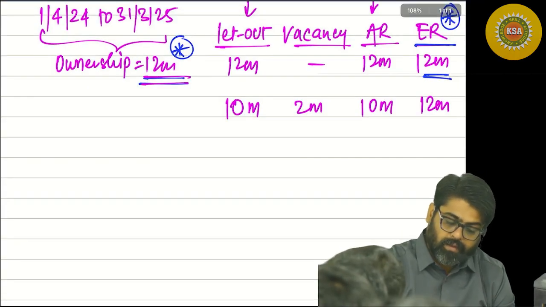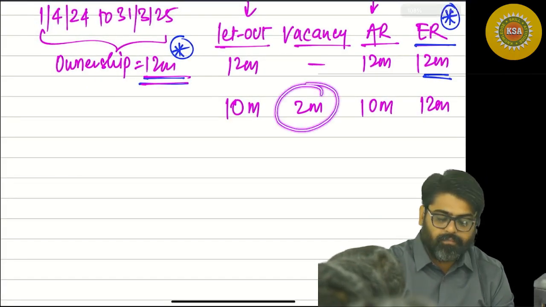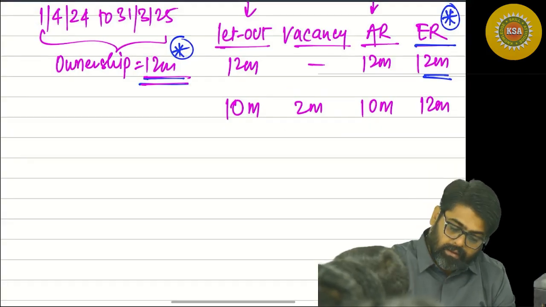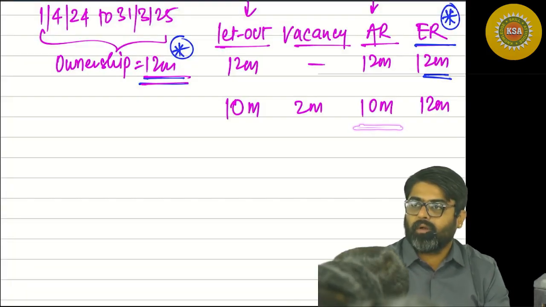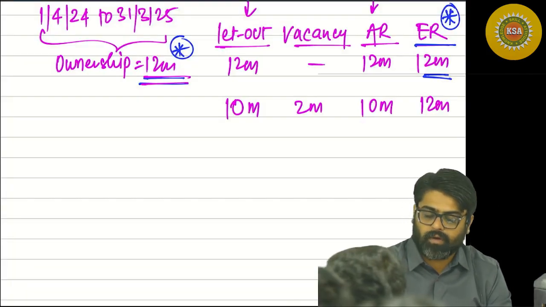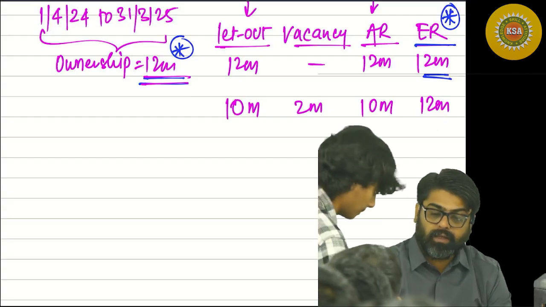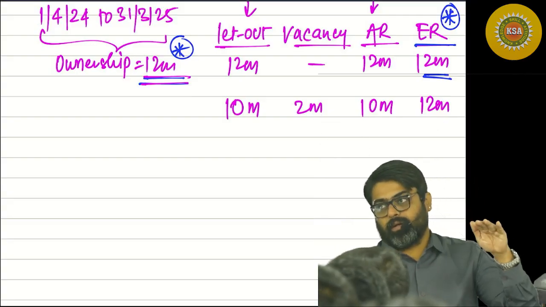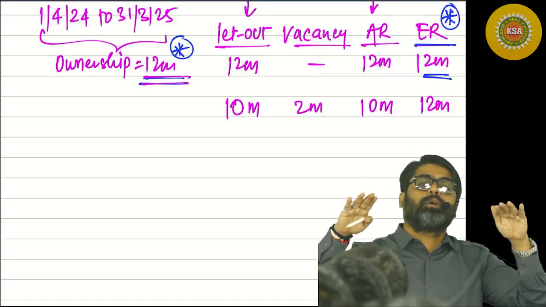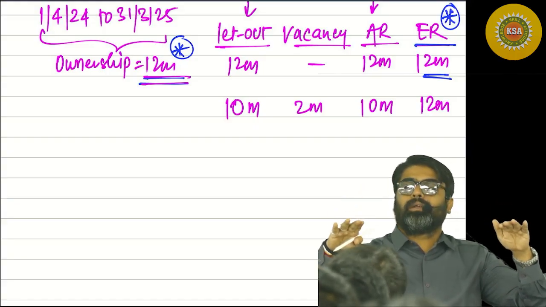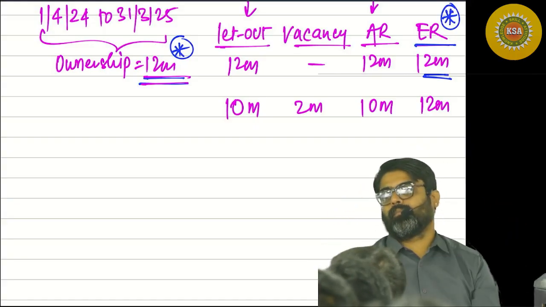So now tell me one thing. If there is a vacancy, because of that actual rent is only for 10 months, and expected rent is for 12 months. Can you directly compare both of them?